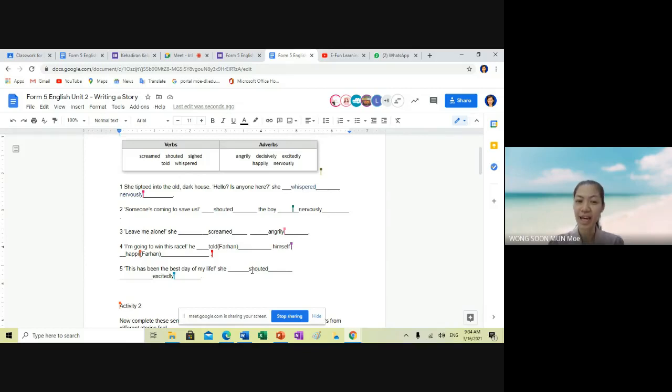Sigh happily. And what Lok Lam answered, shouted excitedly, can also be accepted. So you see, even in the same sentence, when you use different verbs and adverbs, it gives you different feelings, right?